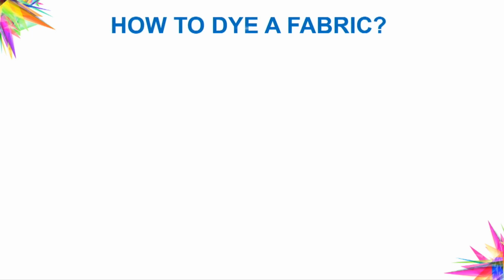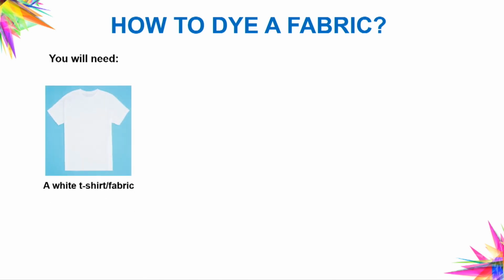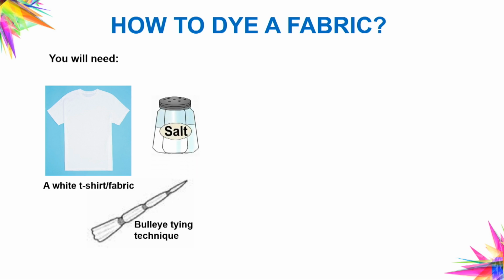So let us see how to dye a fabric or a garment. And for that, you will need a white t-shirt or fabric tied up in a technique of your choice. Here the t-shirt has been tied using the bullseye technique. You will also need salt.